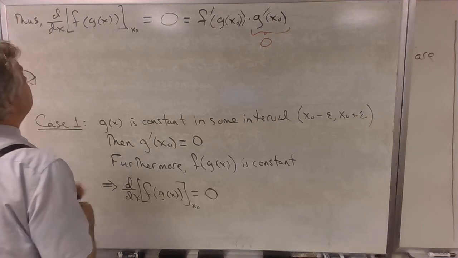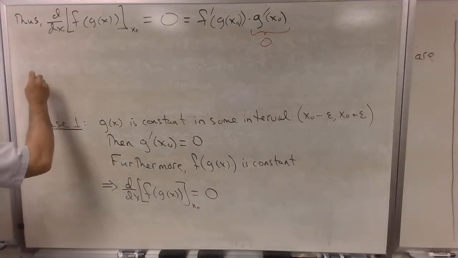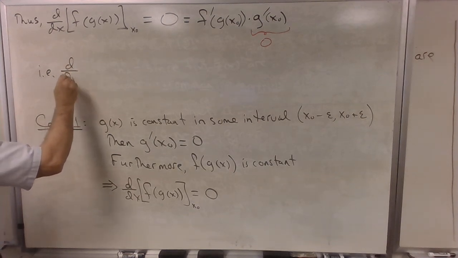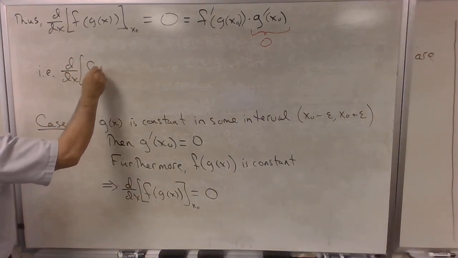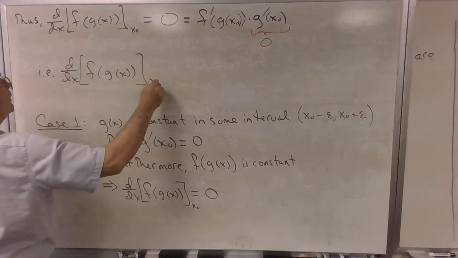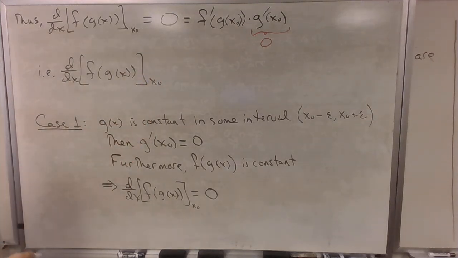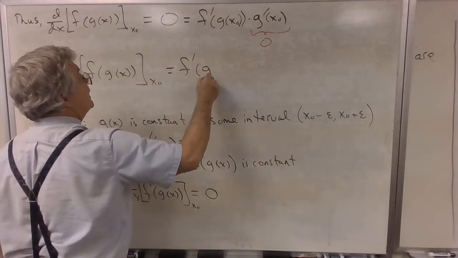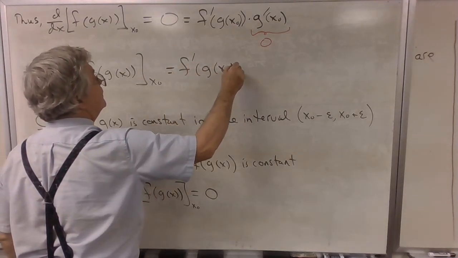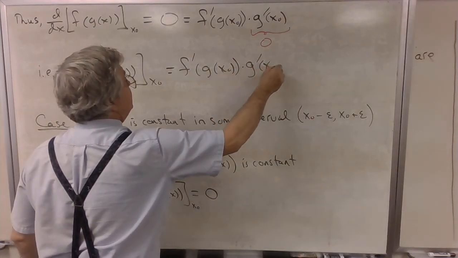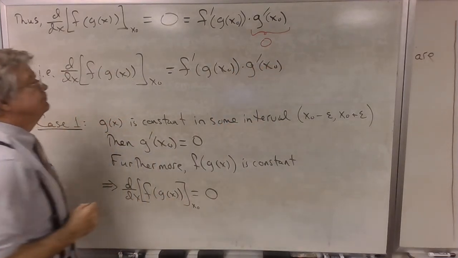So let's sum this up. The derivative of f of g of x evaluated at x naught is f prime of g of x naught times g prime of x naught.